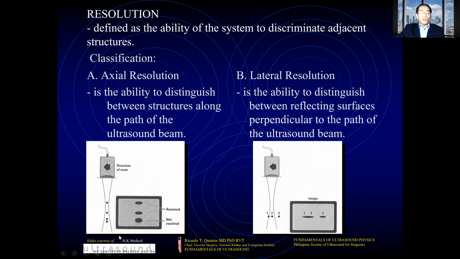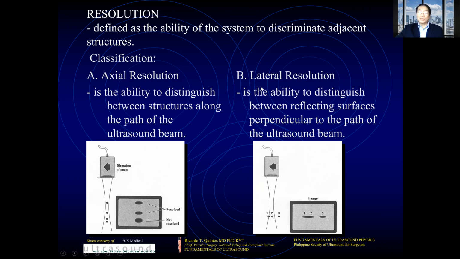But in the far zone, you have two structures here, but it will come out in the ultrasound as only one structure. Then these two structures are not finely resolved, and you only see one structure, which is a very bad resolution. So you will have to position the structure into your focal point or closer to your focal point in your near zone in order to have a good resolution axially.